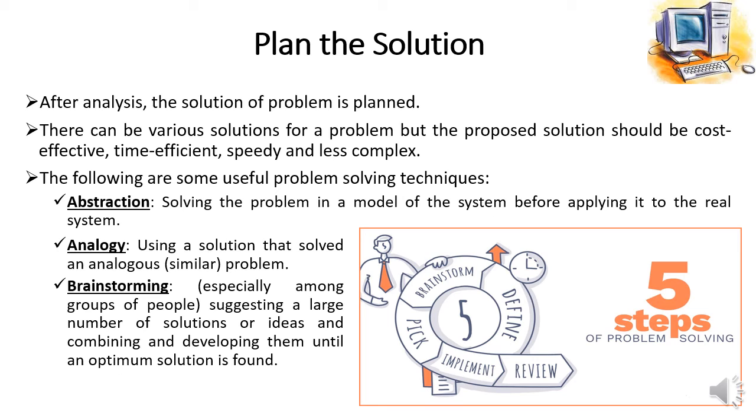Then we pick the best solution out of them and implement that solution, and after implementation we review the solution, to see if it is working fine or not, and if there are some problems, how we can encounter those problems, or whether we should apply any other solution. That is done in the review process.